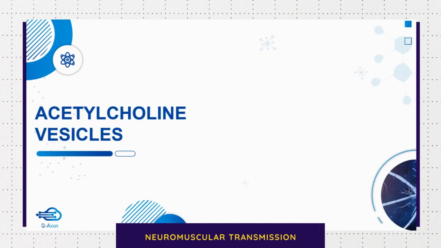Now, a note on acetylcholine vesicles. Under normal circumstances, we never run out of acetylcholine, and this is because we are provided a surplus of acetylcholine at the neuromuscular junction. Now, to look at the figures, we have about 3 lakh vesicles per axon terminal.